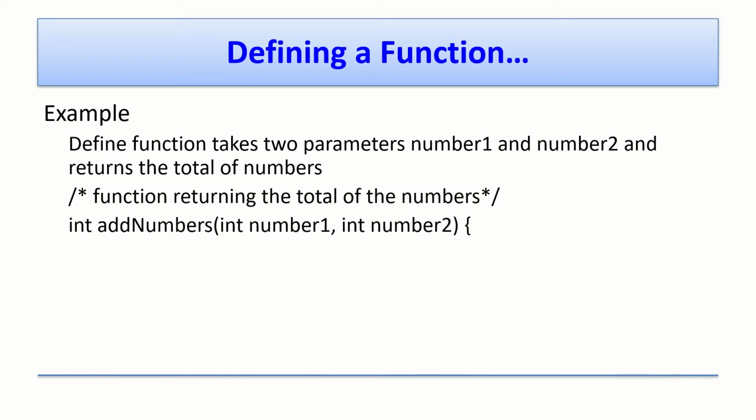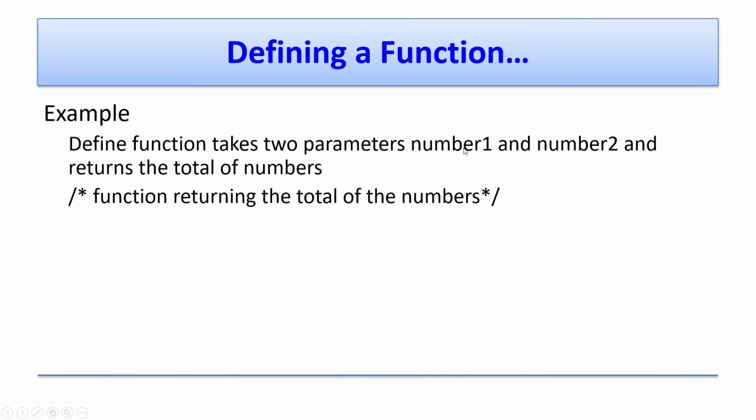This is how we define the function. This function returns the total of the numbers. Assume that number1 and number2 are integer data types, so the value total is also an integer.